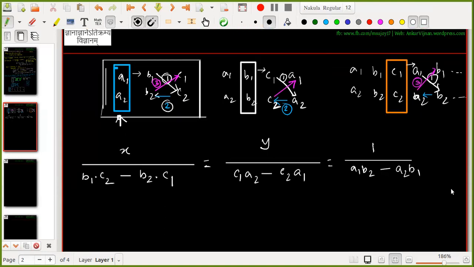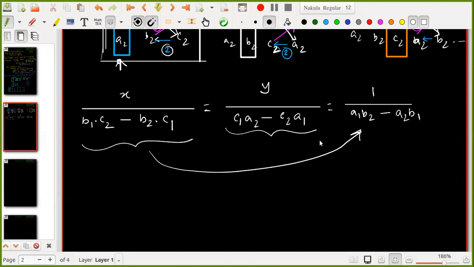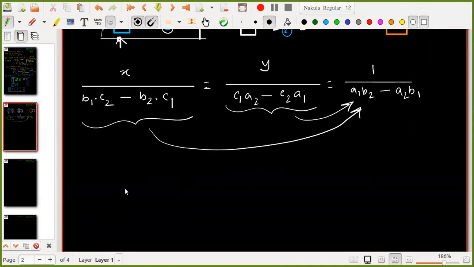So now, if we want to find the value of X or the value of Y, then what do we do? We are going to take this X by this value along with the constant, and this Y with this value along with the constant, and evaluate the variables X and Y. So what are we going to write? Therefore, X is equal to, so we are going to basically cross multiply.